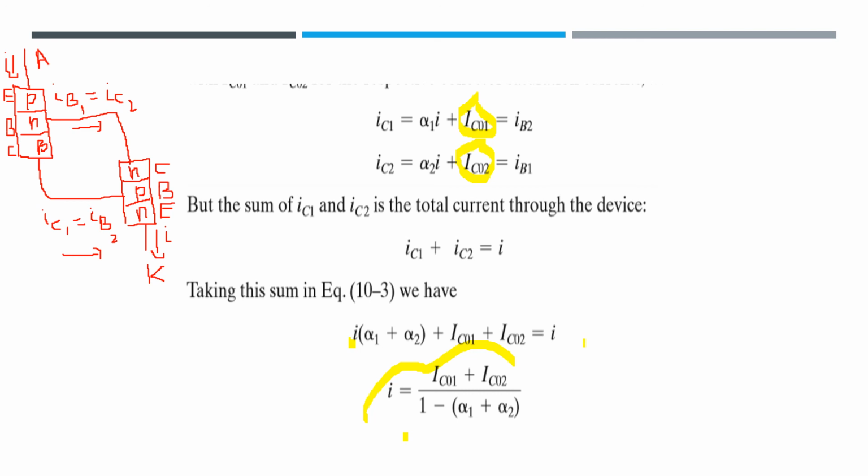As the sum of alpha approaches unity, the current I increases rapidly. The current does not increase without limit as this equation implies, however, because the derivation is no longer valid as alpha 1 plus alpha 2 approaches unity.